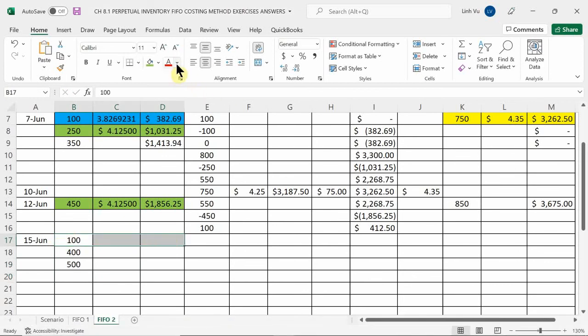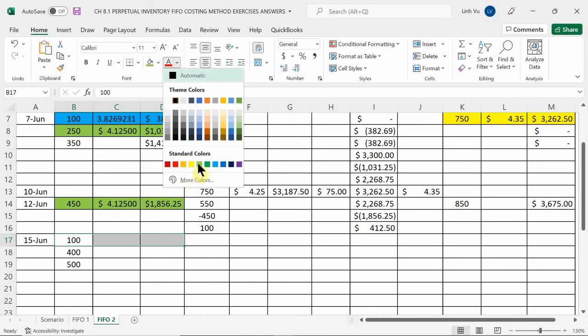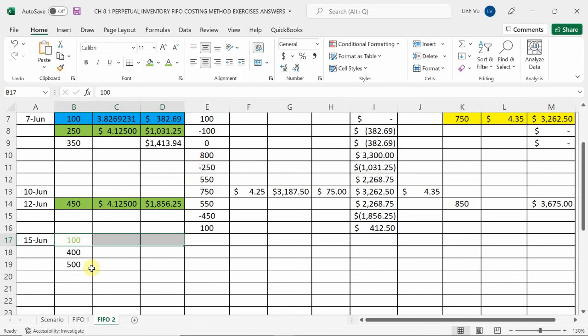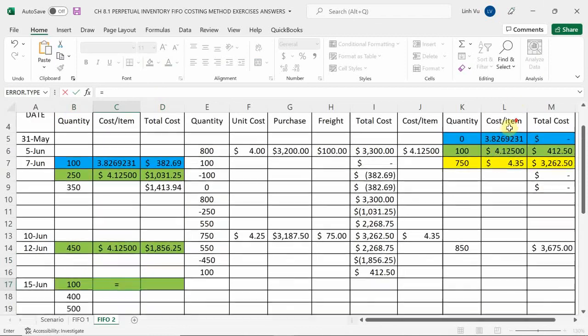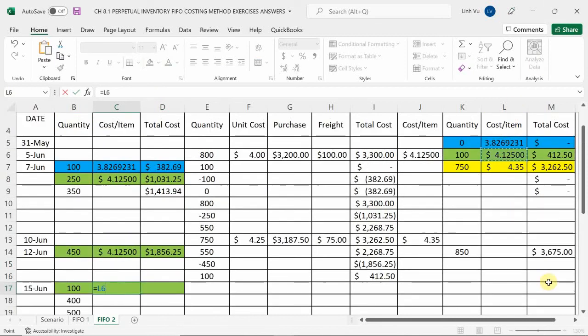In this case, we are going to get rid of the green. Okay? We know the green cost $4.125, which we know to be the grand total of $412.50.